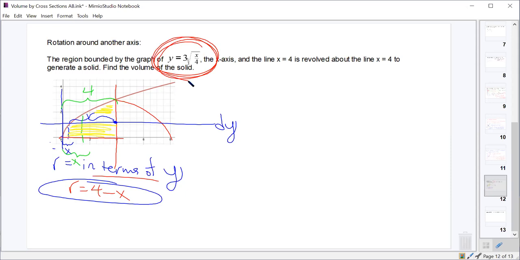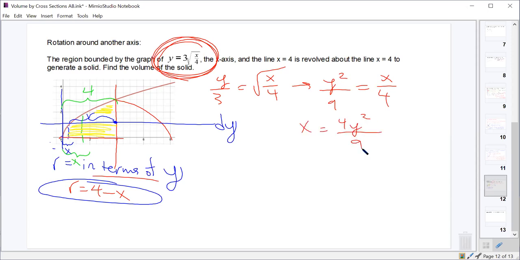Take our equation and just figure out what x is. If y is 3 root x over 4, then y over 3 is root x over 4. That tells us that y squared over 9 is x over 4, and that x is 4y squared over 9. Everybody agree with that?